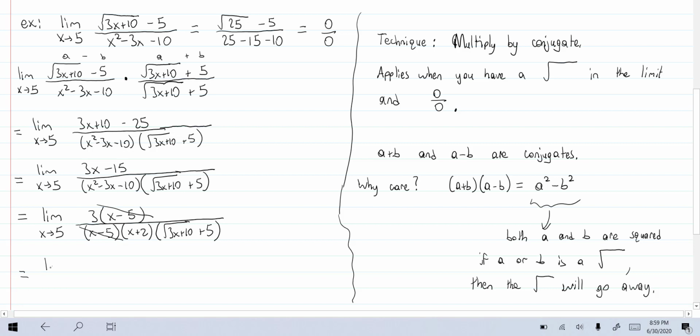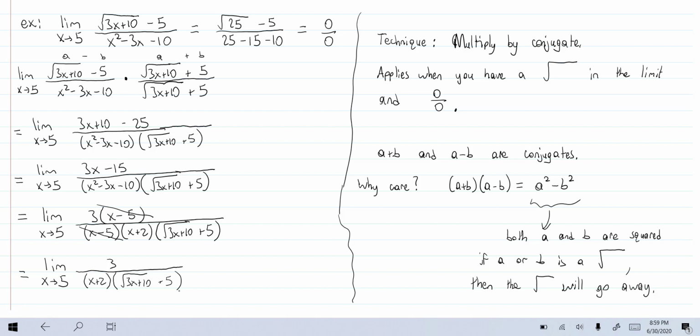That will just leave us with the limit as x approaches 5 of 3 in the numerator. And then we just have x plus 2 times the square root of 3x plus 10, and then plus 5. Now that we've canceled something from the numerator and denominator, we're going to try and plug in x equals 5.